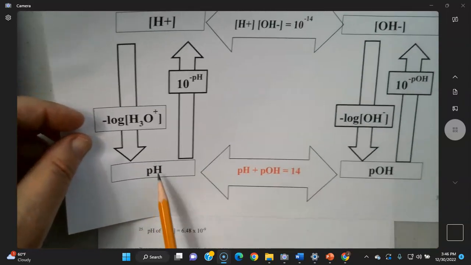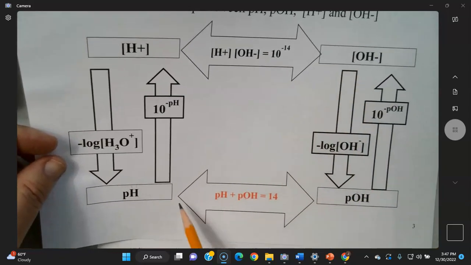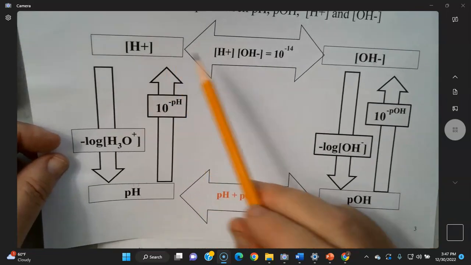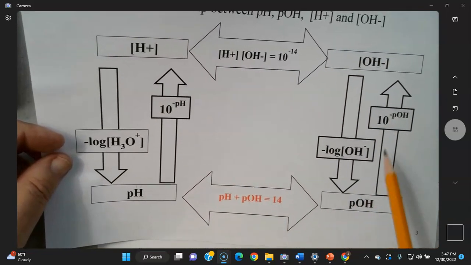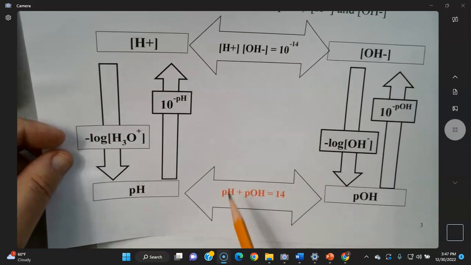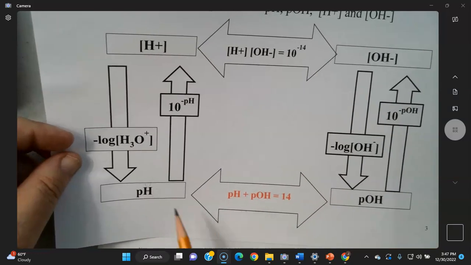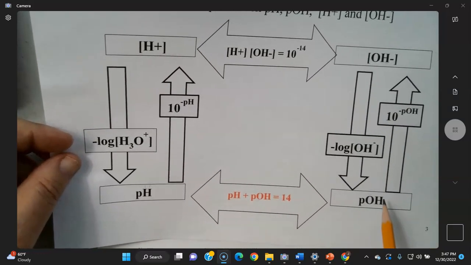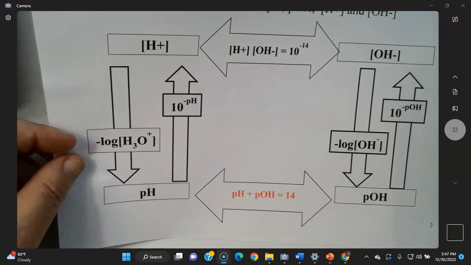So we're going to start here with pH, and we need to get up to this corner up here. We can either do this and come across, or we can come across and go up. I like to use this formula. It's kind of why I put it in red. It's the easiest formula to use. So I'm going to use this first to get pOH, and then simply raise 10 to the negative pOH to get the hydroxide ion concentration.